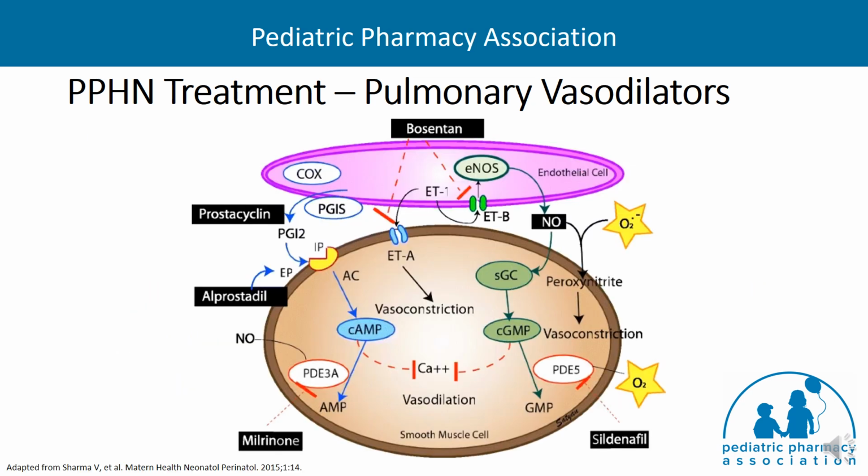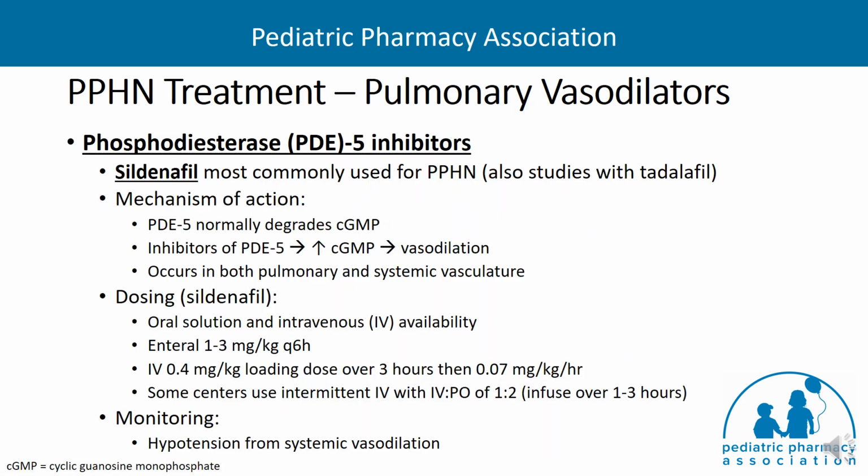The next pulmonary vasodilators we'll discuss are the PDE5 inhibitors with a focus on sildenafil. Phosphodiesterase 5 or PDE5 inhibitors include sildenafil, tadalafil, and others. The first two have been published in the literature for PPHN, although I would say sildenafil is the most widely studied for this indication. Inhibition of PDE5 in the smooth muscle of the pulmonary vasculature results in an increase in cyclic GMP, since PDE5 normally degrades cGMP.